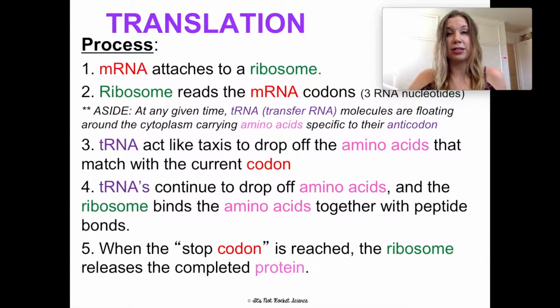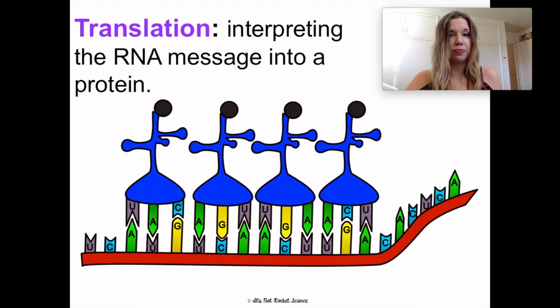And then when the stop codon is reached, a specific sequence of nucleotides that codes for a stop, the ribosome will stop translating. The ribosome will then release the completed protein, and that cycle is complete for that one ribosome.